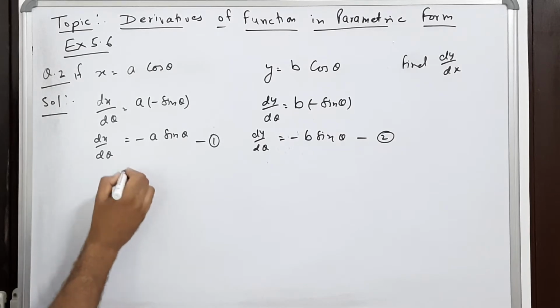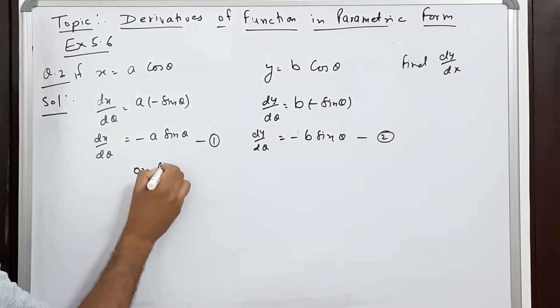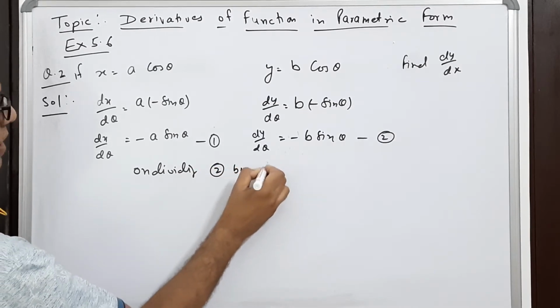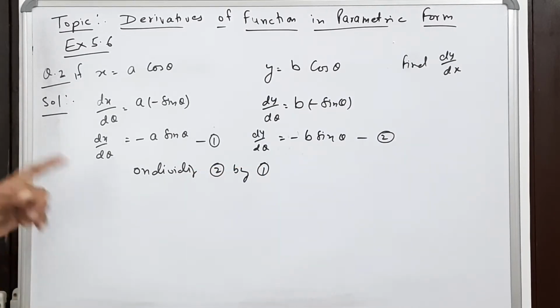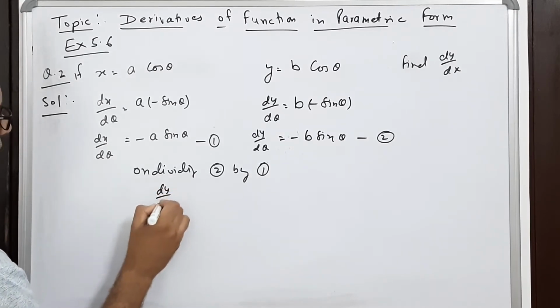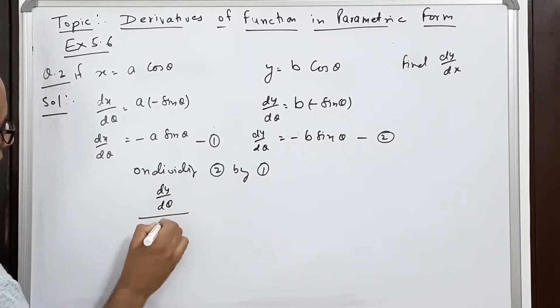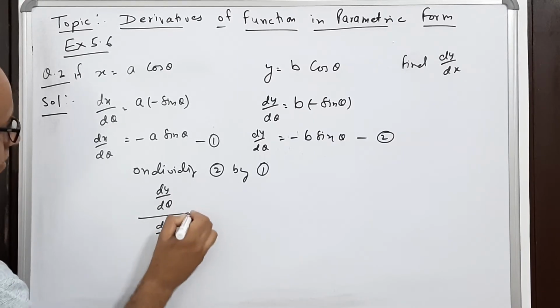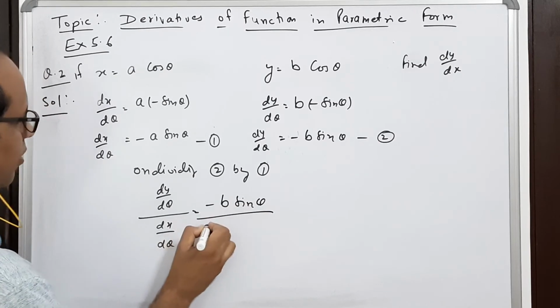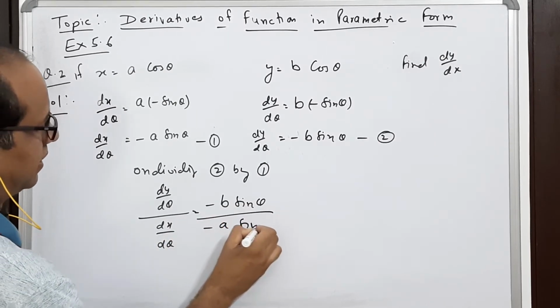Now on dividing second by first, when you divide the second part by the first part, what you get is dy by d theta upon dx by d theta. So it will be minus b sine theta upon minus a sine theta.